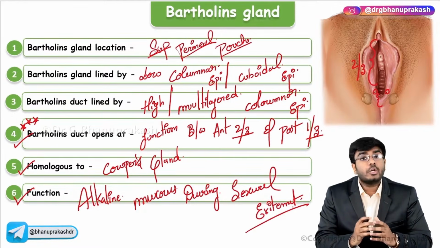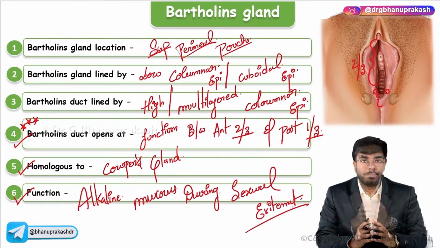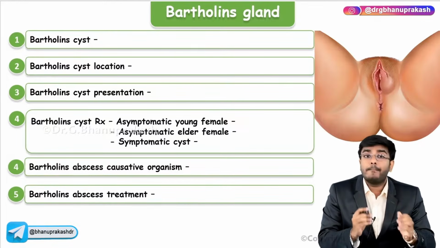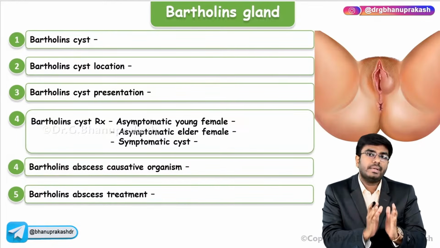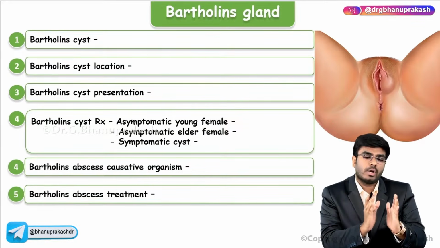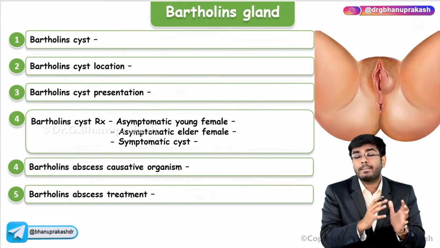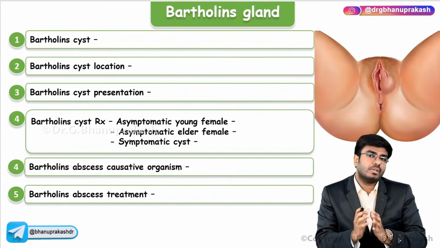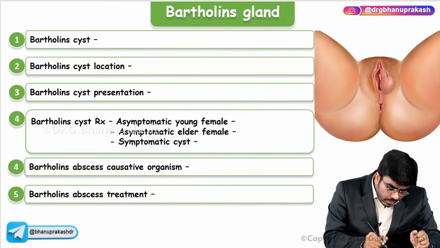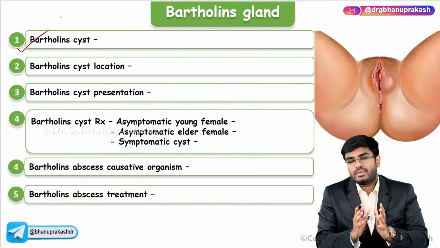Now we have completed the topic of Bartholin's gland. Now let's discuss the Bartholin cyst. We have completed the normal important points. Now let's talk about certain pathologies associated with this Bartholin's gland. What exactly is this Bartholin cyst?